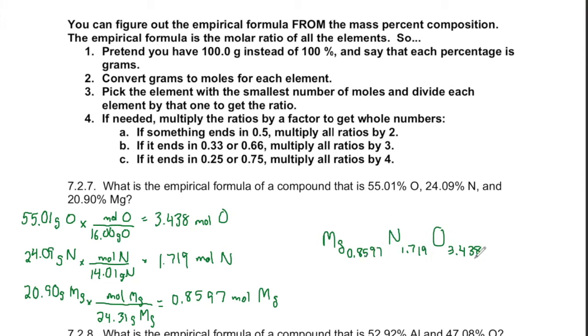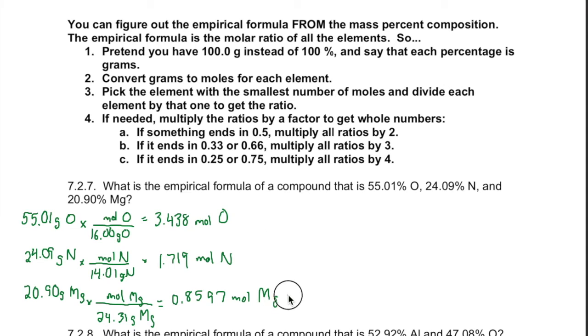We have to get these numbers, this ratio, to be small whole numbers so we can have a normal looking formula here. So we need to change these to whole numbers without changing the ratio to each other. So whatever we do to one thing, we have to do to all of them so we don't change the ratio. So if we decide to double the oxygen, we also have to double the nitrogen and the magnesium. So as long as we do the same thing to every number, we will keep the same ratio.